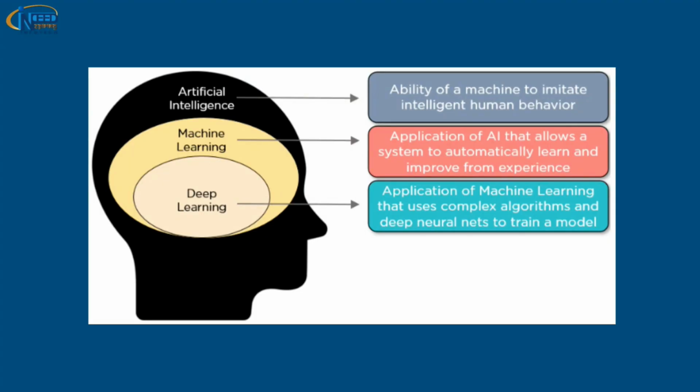And deep learning is an application or specialization of machine learning. It uses complex algorithms, the algorithms based on neural networks, and deep neural nets to train the model. This is the relationship between artificial intelligence, machine learning, and deep learning.